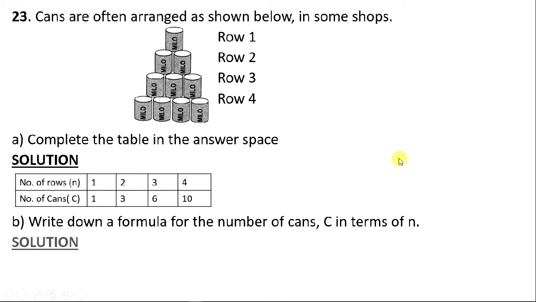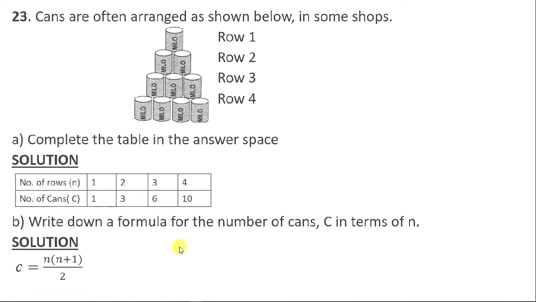So our formula is C is equals to n, open your brackets, n plus 1 divided by 2. So it's like you're multiplying a number times the number which it follows divided by 2. So the number of canes C is equals to n, where n is the number of rows. So we have n, open your brackets, n plus 1, close your brackets, divided by 2.